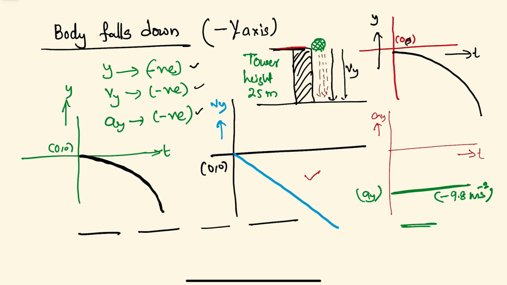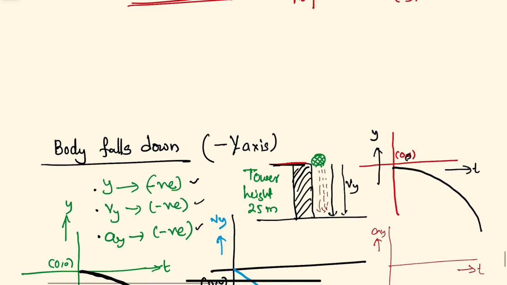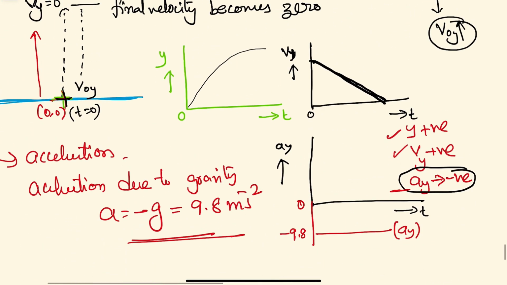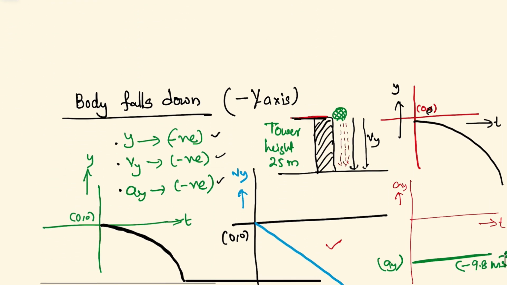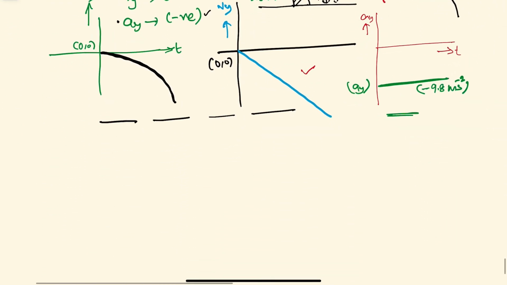Body falls down from the origin, the y coordinate is negative, Vy is also negative, and Ay is negative. Whereas in this case, y is positive, Vy is positive, but Ay is negative because the velocity is decreasing, finally halting at 0, right? We will solve the problem in order to understand very clearly.